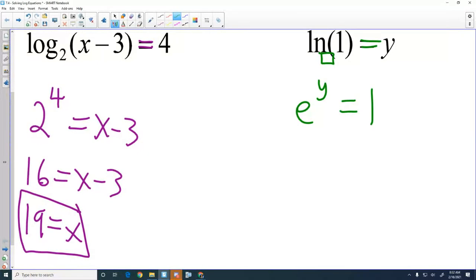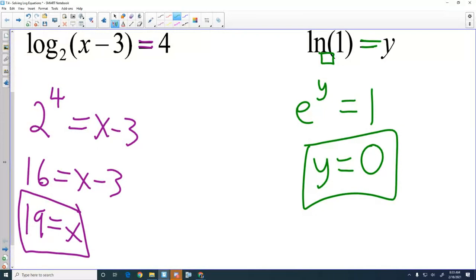If I take a decimal to the 0th power, I know it will equal 1. So in this case, y has to be 0. You just solved another logarithm equation. Woo! This lesson's going fast so far. Now that we're done with the warm-up, let's begin.